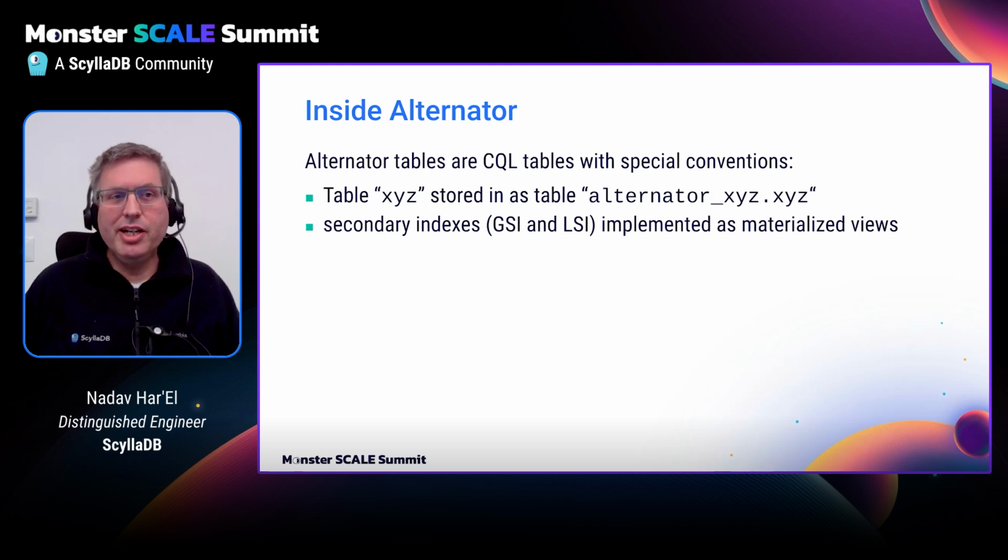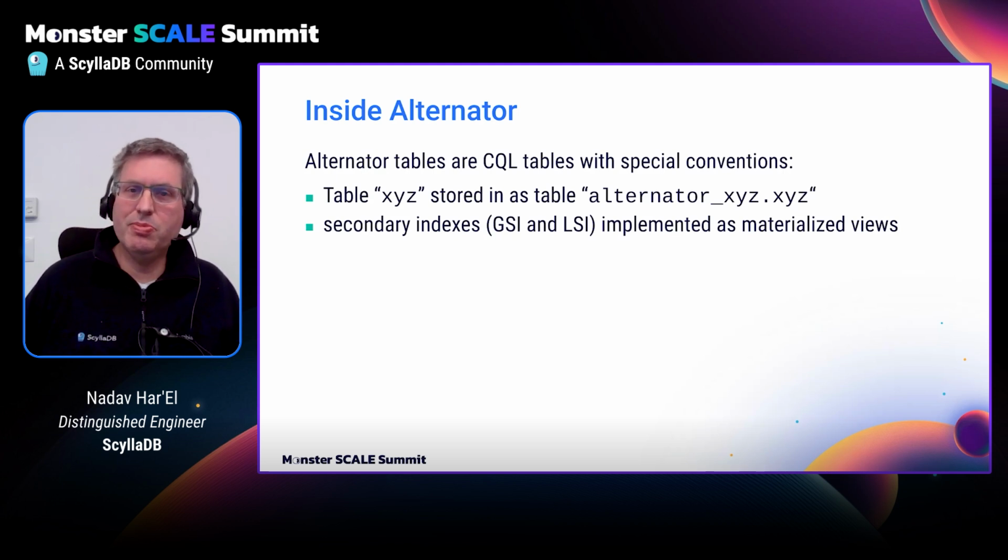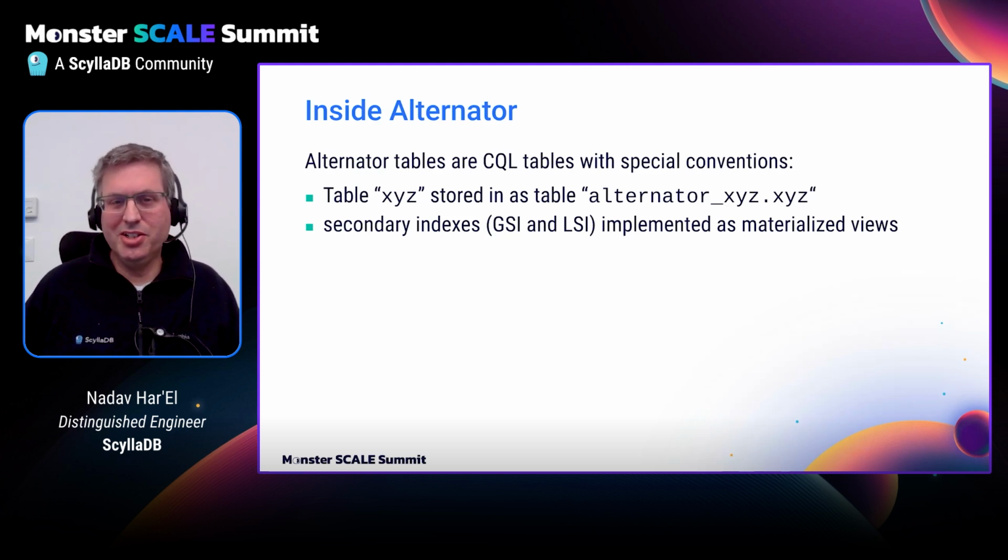So about those tables, we actually store the DynamoDB table in the same way that we store the SQL tables. If you're curious how we do it, we have special conventions for how this actually happens in the database. Each Alternator table has its own keyspace.